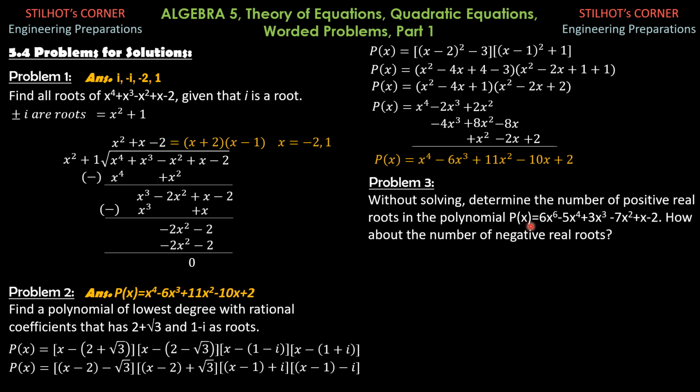So remember the principle, the number of positive real roots is equal to the number of variations in signs, or less by a positive even integer. So let's count the number of variations of signs of p of x. From positive, it becomes negative. So this is the first variation in sign, second, third, fourth, and fifth variation in sign.